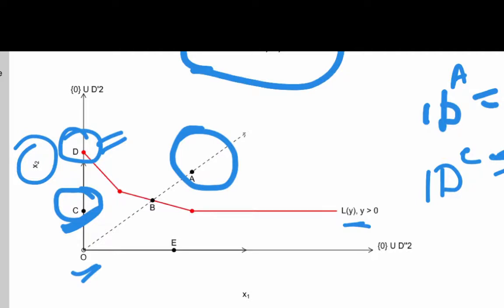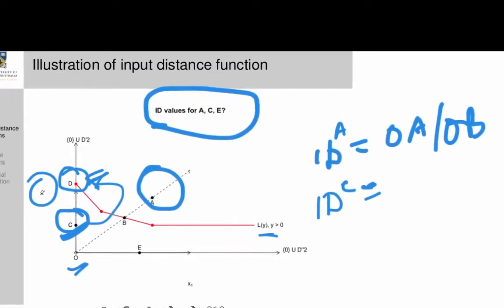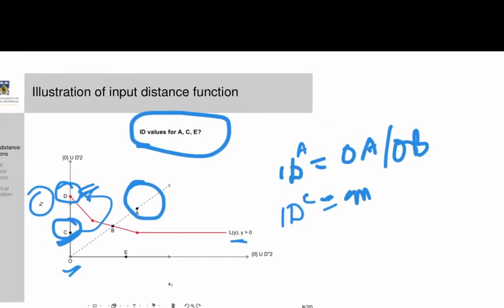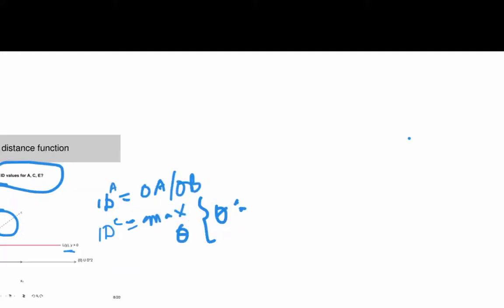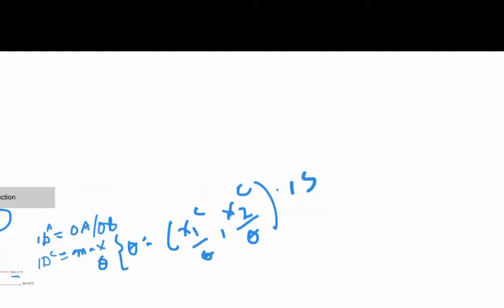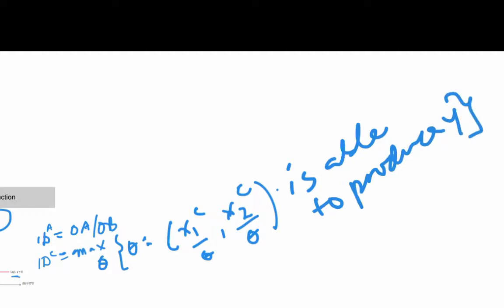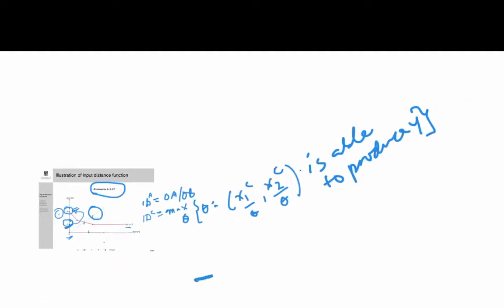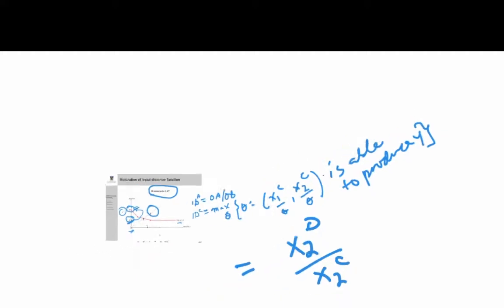Well, we should be able to bring C to point D. The deflation factor should be the maximum theta such that the input vector at C is able to produce Y. That factor is simply a scaling so that point C comes up to point D. In simple terms, it will be the amount of x2 at point D divided by the amount of x2 at point C. And that's our distance function value.